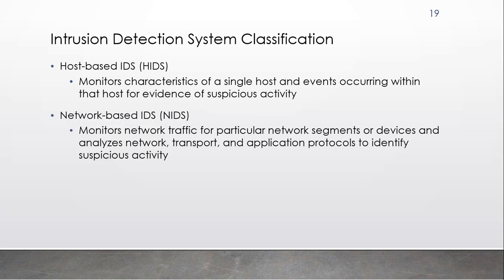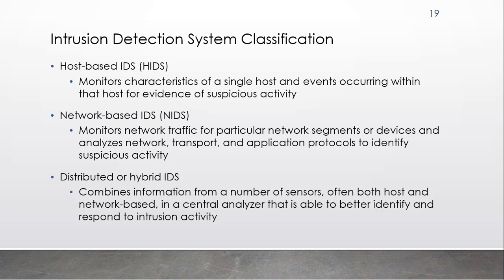A network-based IDS, or NIDS, monitors network traffic for particular network segments or devices and analyzes network, transport, and application protocols to identify suspicious activity. A distributed or hybrid IDS combines information from a number of sensors, often both host and network-based, in a central analyzer that is able to better identify and respond to intrusion activity.